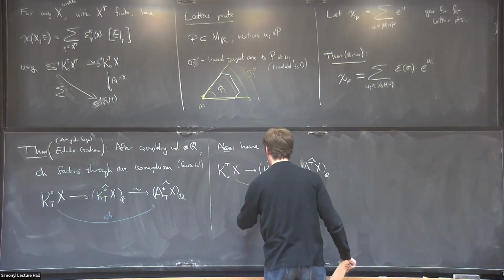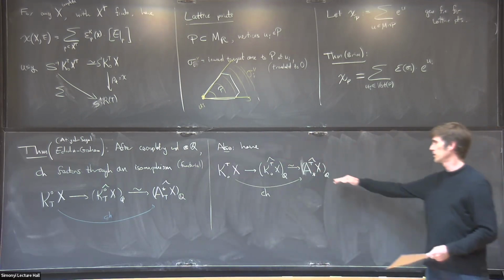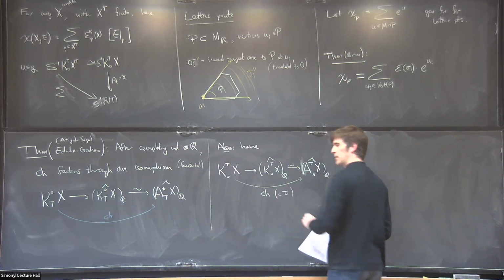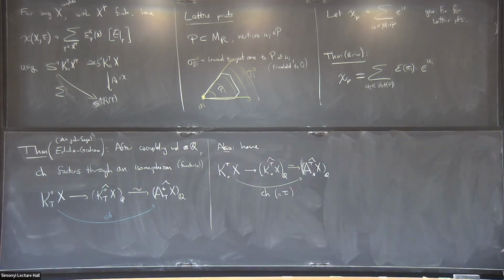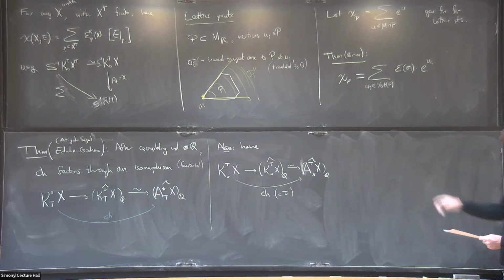For the purposes of the next 10 minutes, I'm going to call this the homology Chern character, but it's often denoted tau, and I think it goes back to Baum-Fulton-MacPherson in the non-equivariant setting. Both of these are functorial.